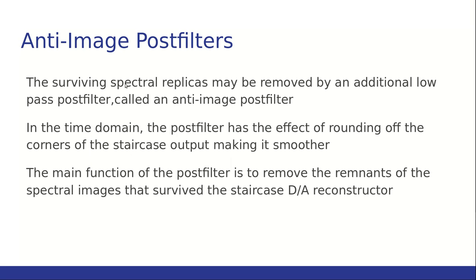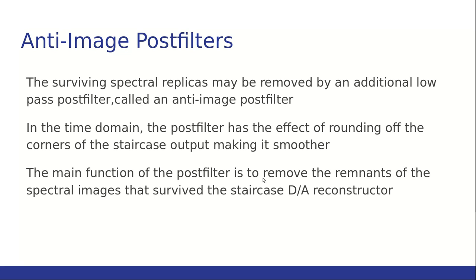So in order to remove the surviving replicas, we use something called anti-image post filters. These are additional low pass filters which are put at the end of reconstruction to get a better result. In time domain, the post filter has the effect of rounding off the corners of the staircase output, making it smoother.